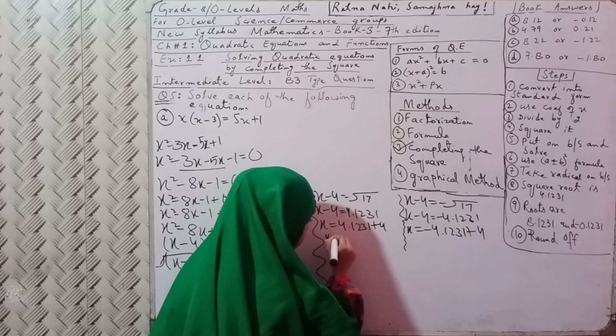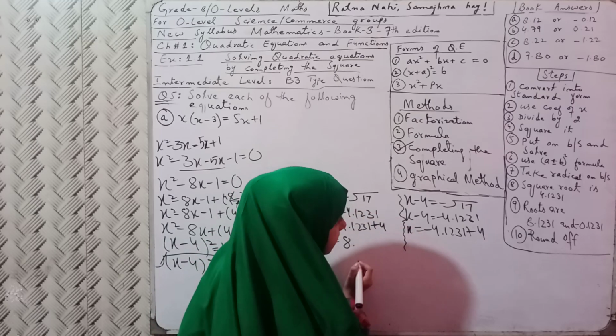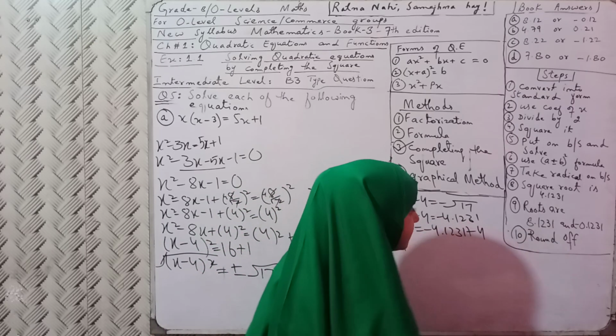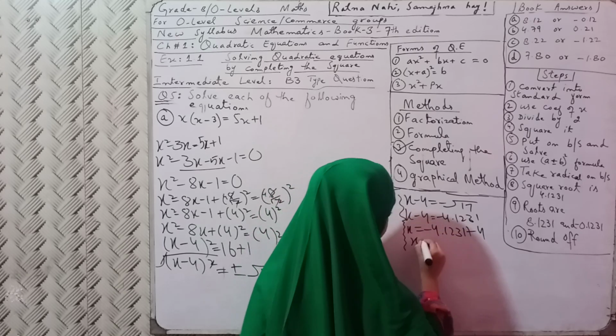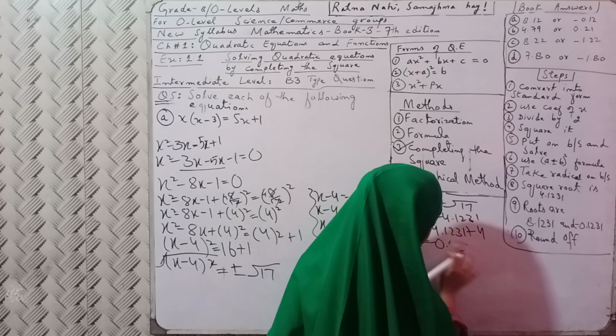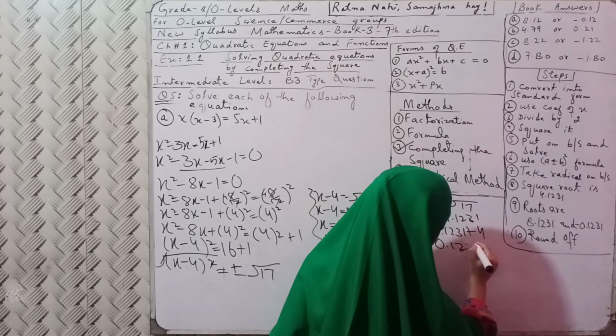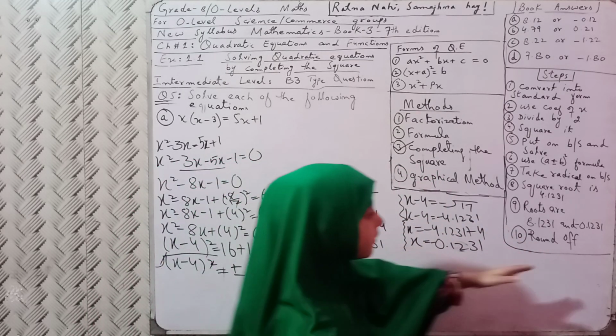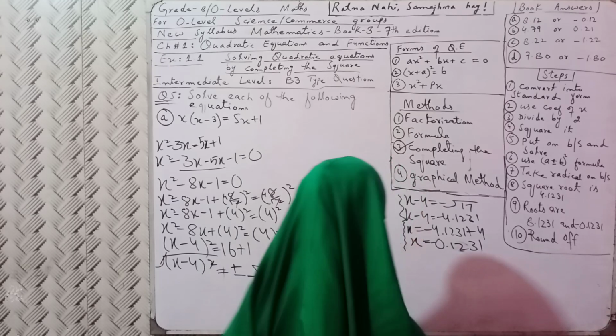Now roots are 8.1231 and minus 0.1231. Then we will do the 2-decimal round off.